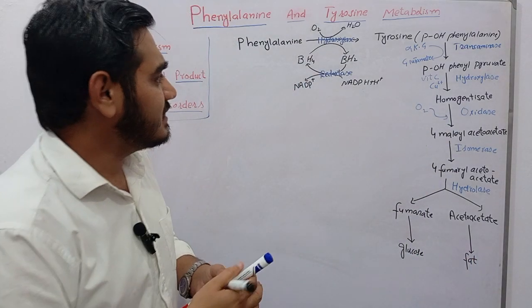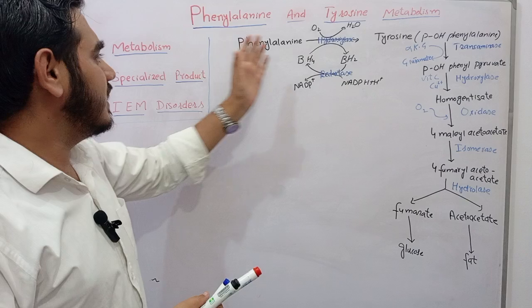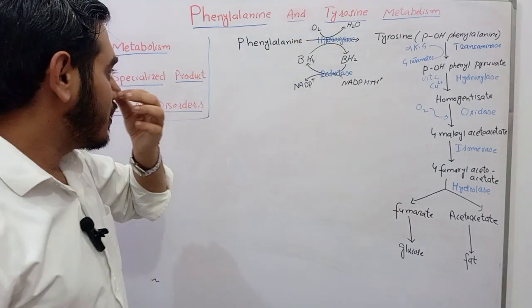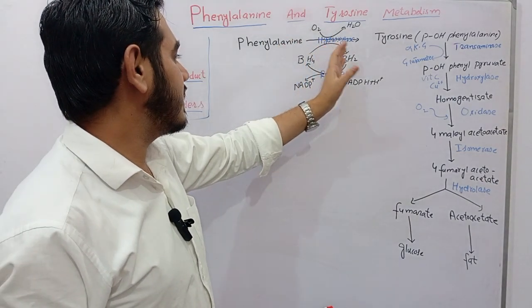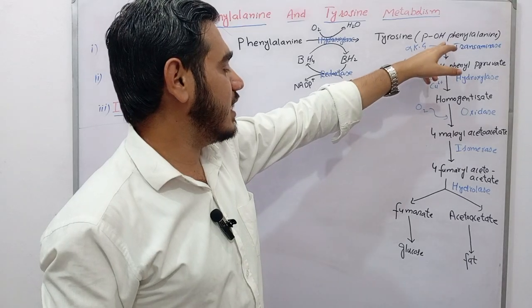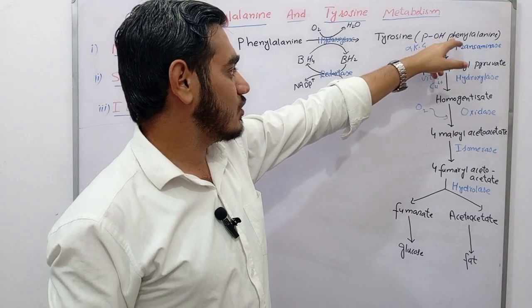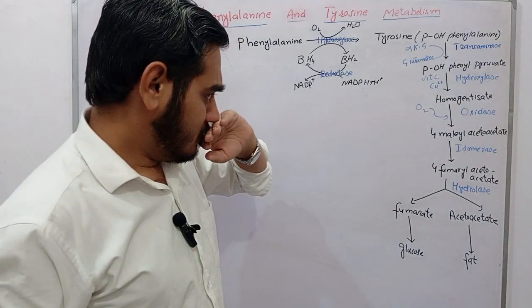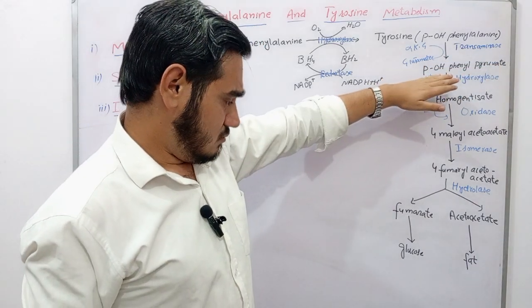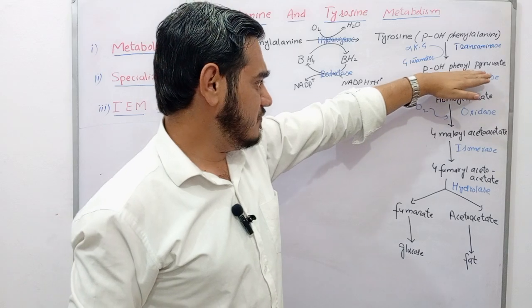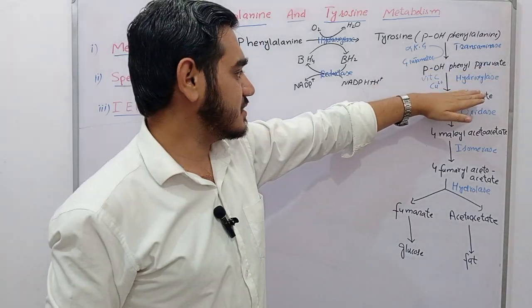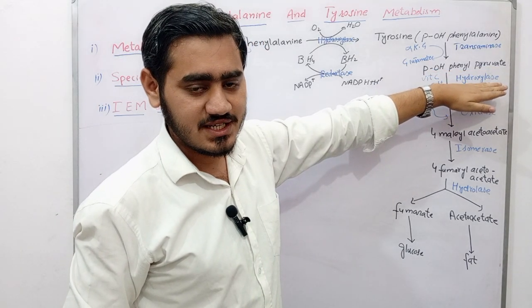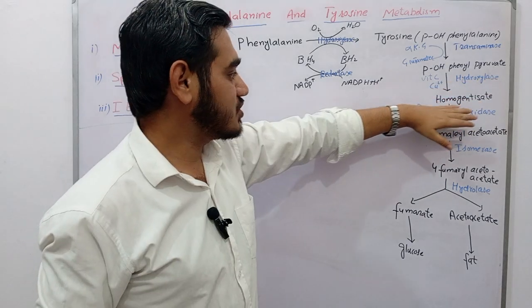Okay, so this is the metabolism of phenylalanine and tyrosine. With the help of the hydroxylase enzyme, there is a formation of tyrosine. Another name is para-hydroxyphenylalanine. With the help of transaminase enzyme, there is a formation of para-hydroxyphenylpyruvate. In the next reaction, by the action of hydroxylase enzyme, there is a formation of homogentisate.